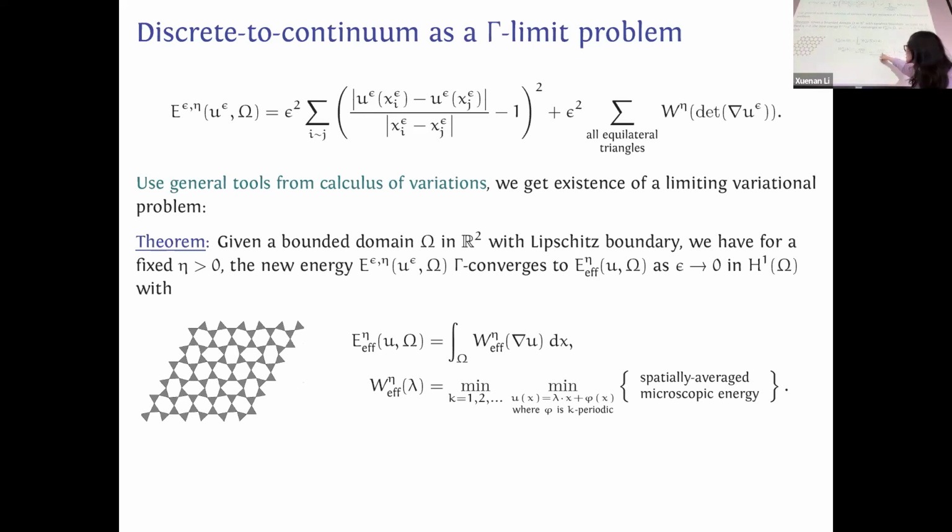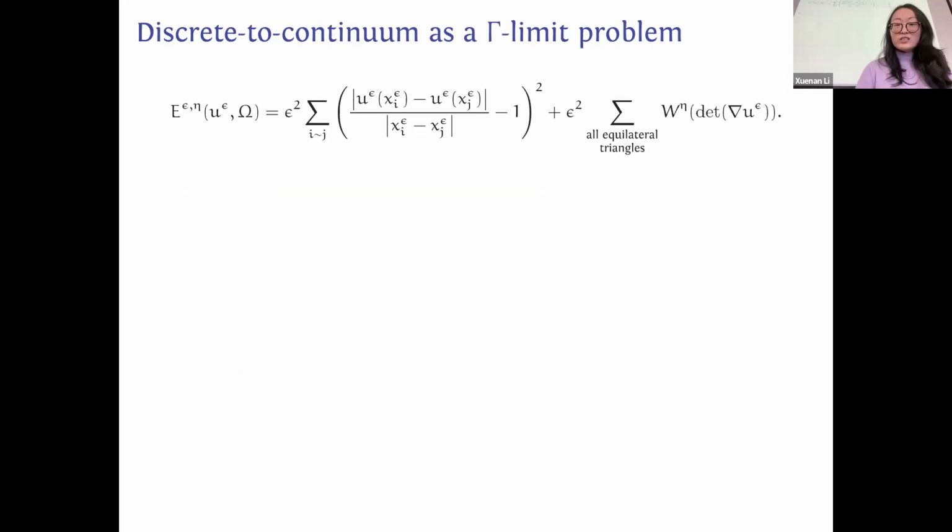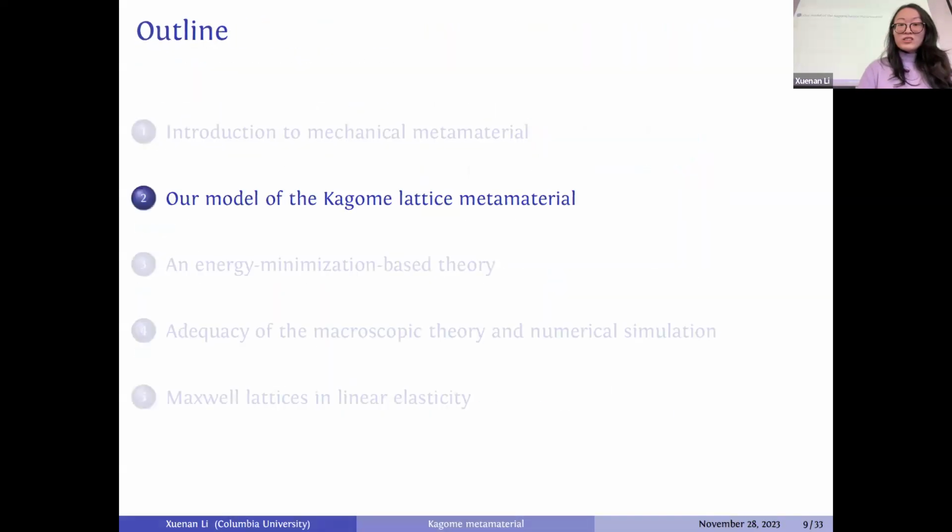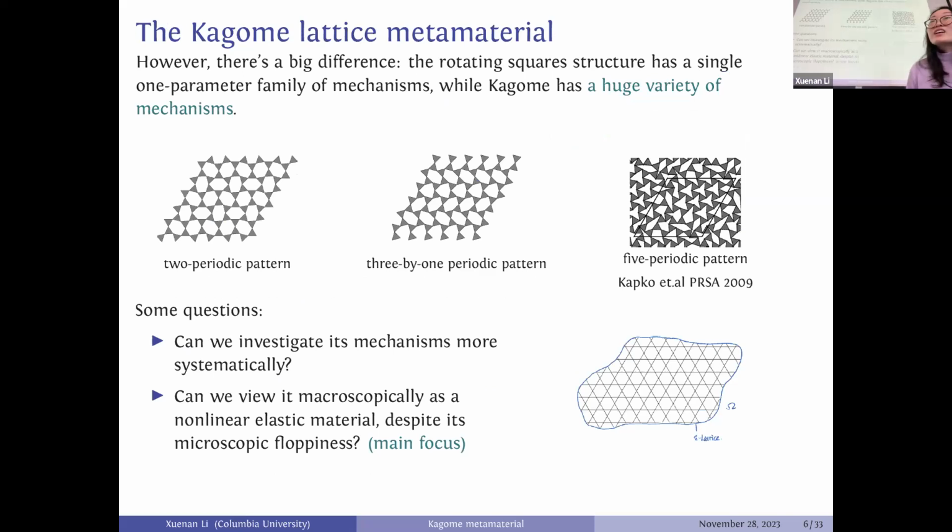The reason why we need to consider all the periodicities is, for example, thinking about the Kagome lattice, for some deformation like isotropic compression, you can achieve that by 1 periodic deformation. You can also achieve it by 2 periodic. So a deformation which can achieve this state, this is a 2 periodic deformation, and this is a 3 periodic deformation.